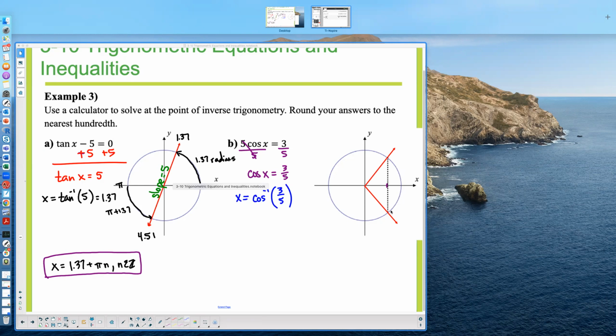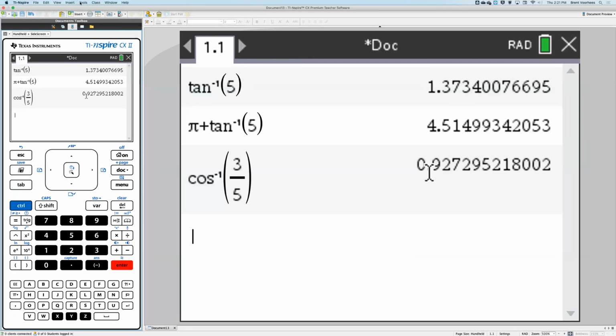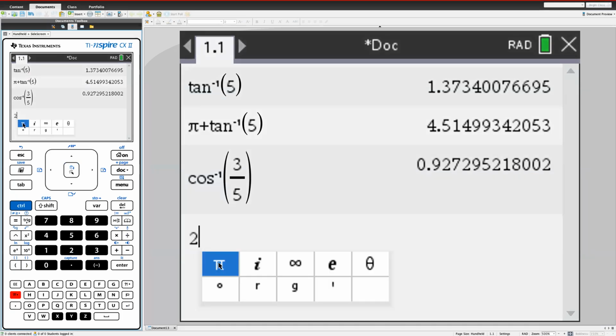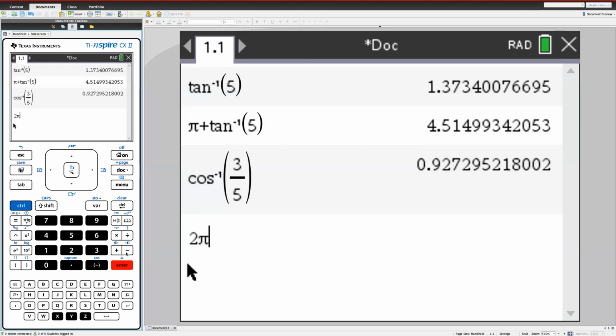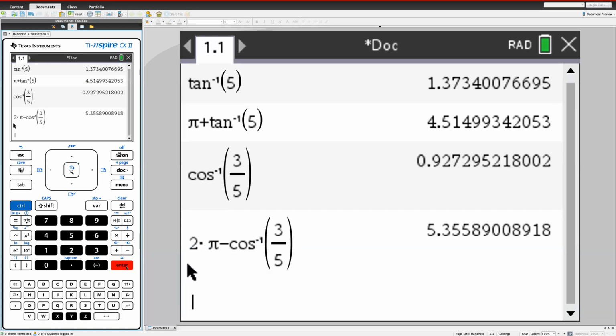So we could just list it as negative. Or the other way you could do it is you could subtract from 2 pi. I'll go ahead and type that in just in case you want that. But you could list it as a negative. It's probably the easiest way to do it, is I could now just subtract that inverse right there as well. Those could be my answers.